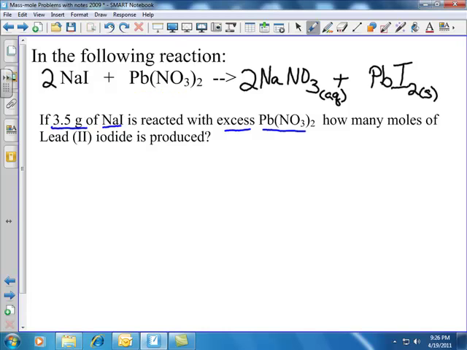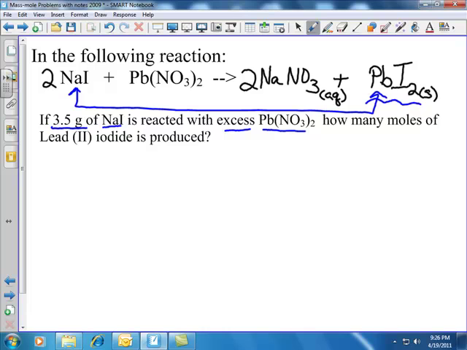And what I want to know is how many moles of lead(II) iodide is produced. So my mole ratio is going to be between the sodium iodide and the lead iodide.